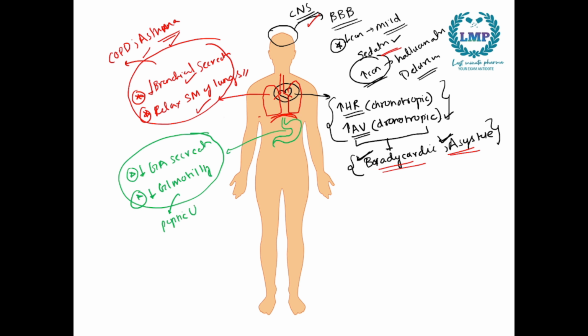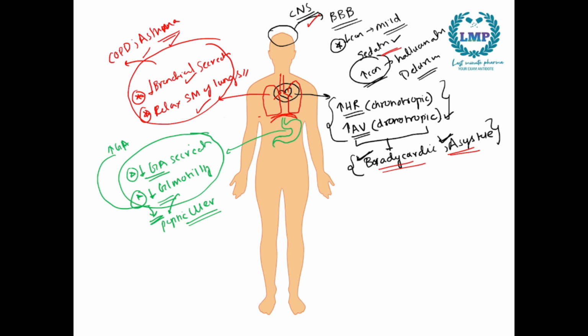Peptic ulcer is ulceration of the GI wall or the mucosal lining, with increased secretion of acid, because of indigestion or other causes. But this drug decreases the gastric acid secretion and reduces the GI motility, and that is why it is used in peptic ulcer.